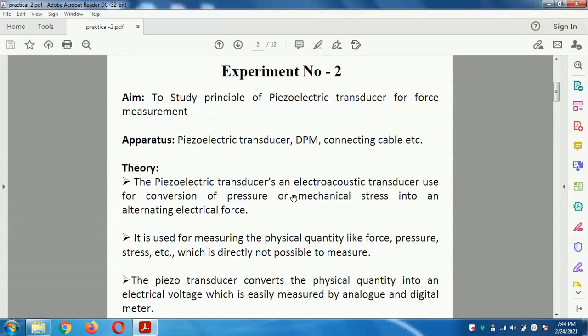The theory behind the piezoelectric transducer is very important. The piezoelectric transducer is an electroacoustic transducer used for conversion of pressure or mechanical stress into an alternating electrical force. It is used for measuring physical quantities like force, pressure, stress, etc., which are not directly possible to measure.